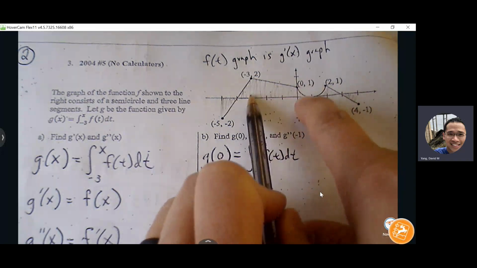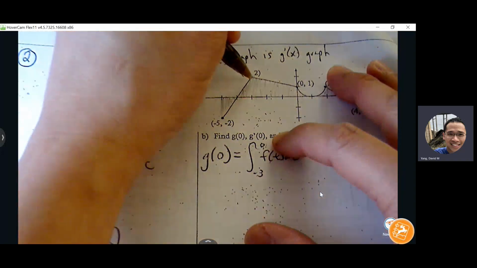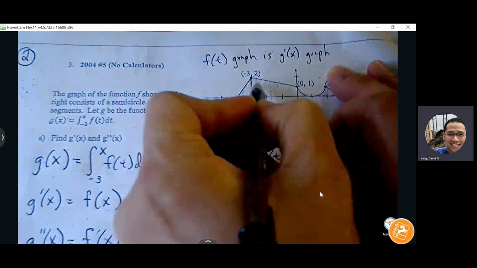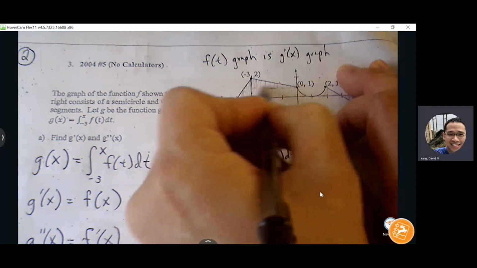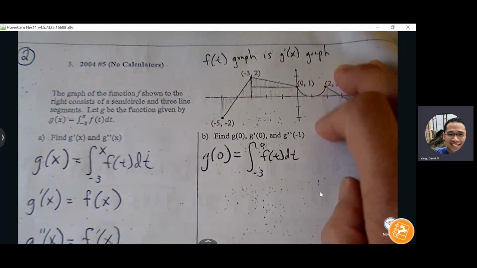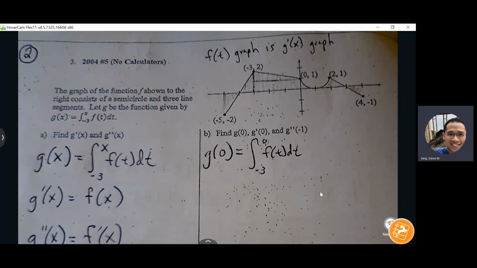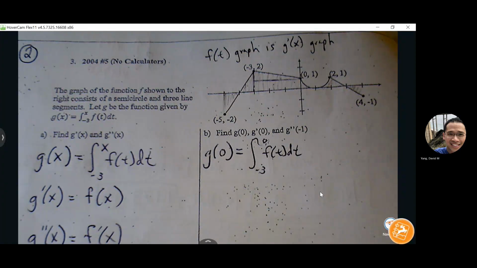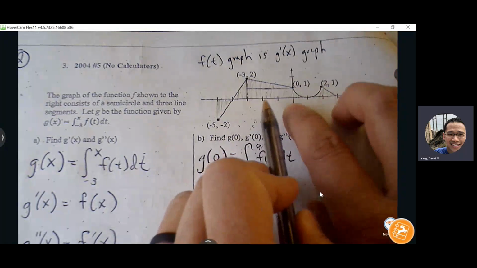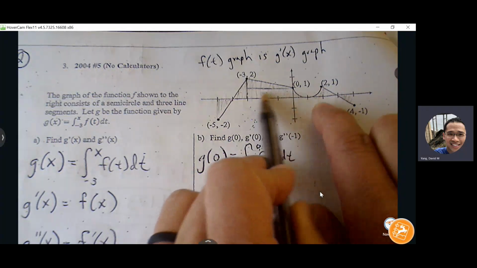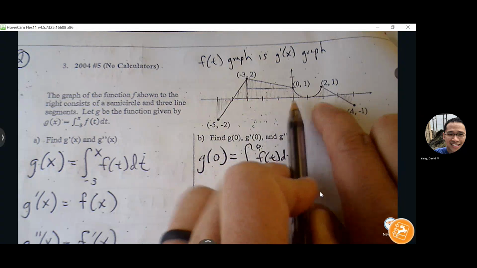Now, this is technically a trapezoid, but you can create easier shapes to work with. I can see a triangle on top of a rectangle. If I find those two areas, then I have the region between -3 and 0. What's the area of this rectangle? 3.